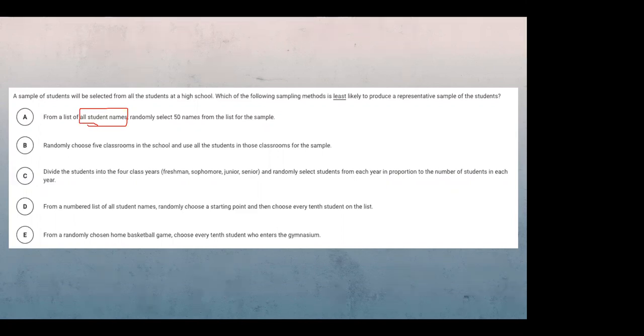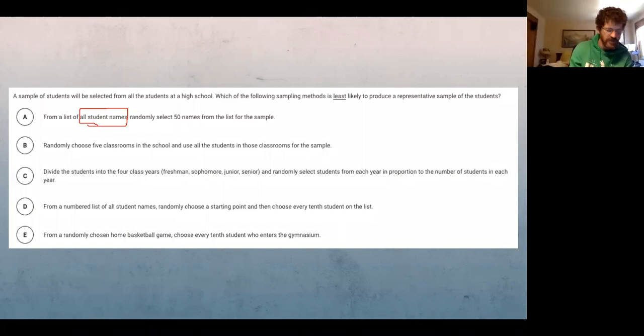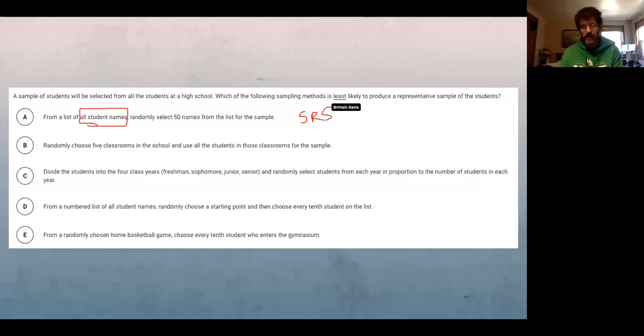Random. It is random. And this is more specifically what we call the simple random sample, SRS. You could almost just pick a random number generator, 1 to 1,000, or however many are on the list, and then just pick 50. All right, simple random sample.